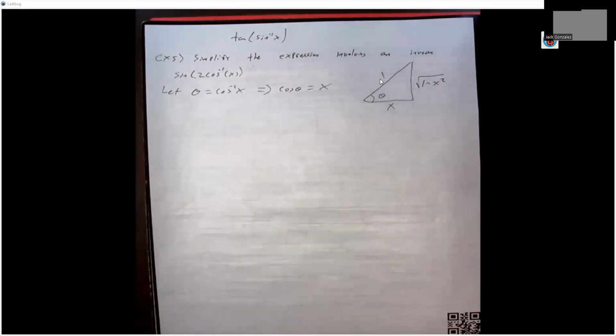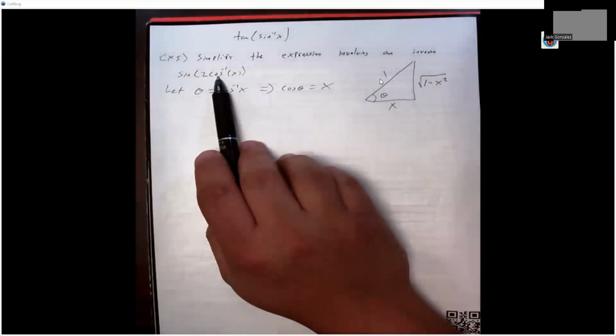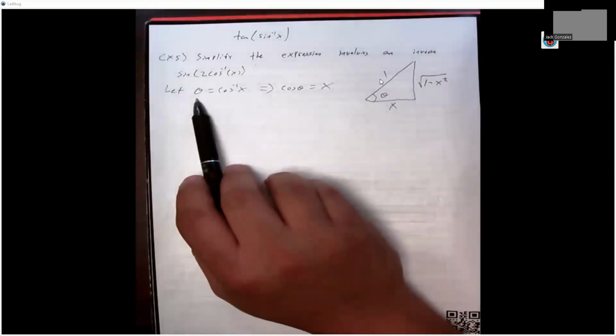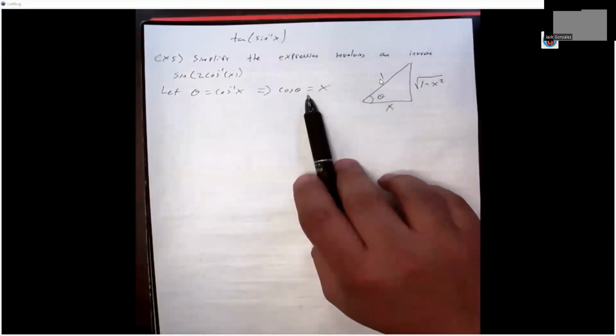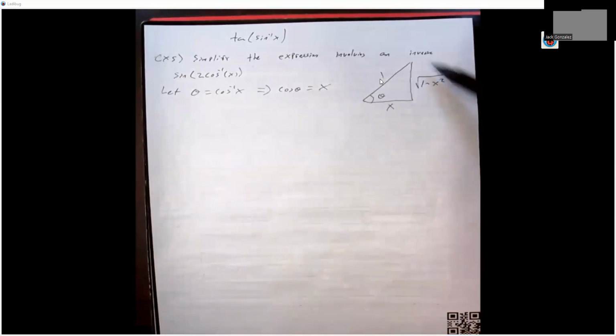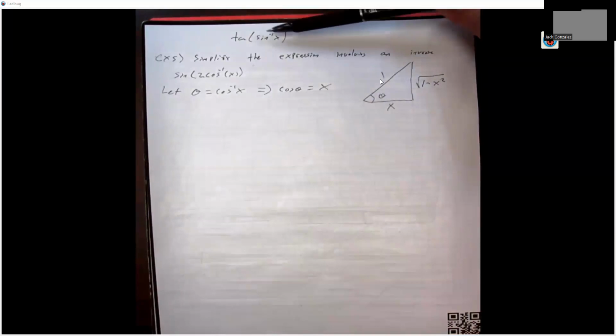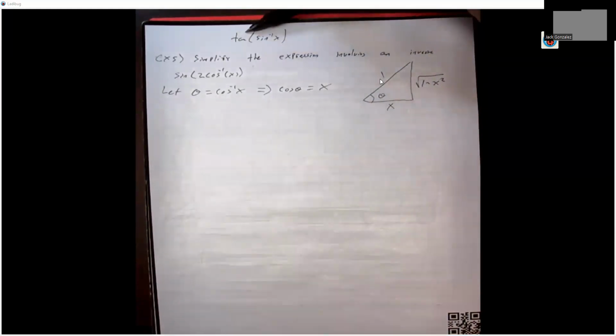So I noticed you chose cosine theta as opposed to sine theta. We choose the inside part. Whatever is inverse, we have to rename it, and then we apply the inverse definition, and then we build a triangle around this, just like we did with these problems. We would build a triangle based off the sine inverse, and then find out what tangent was.